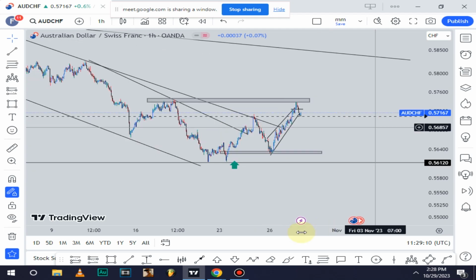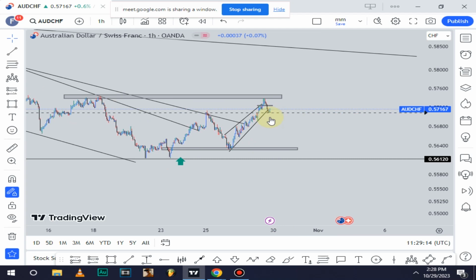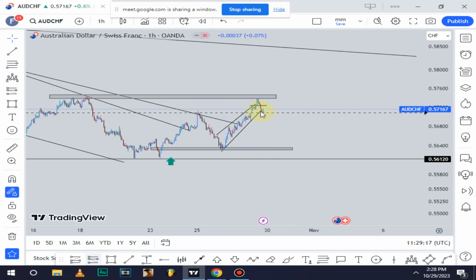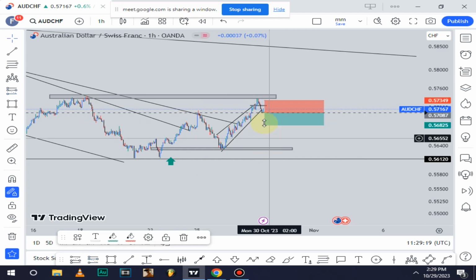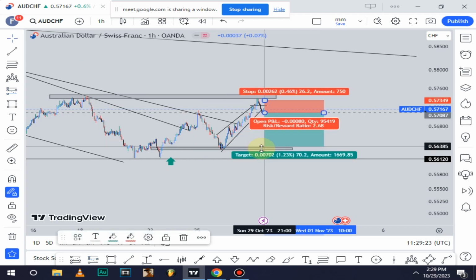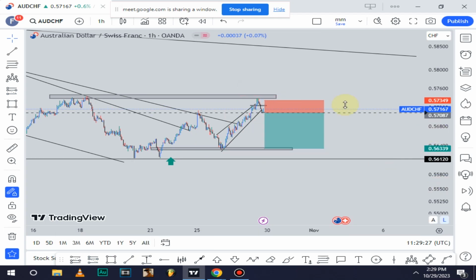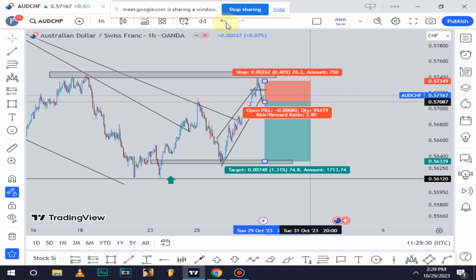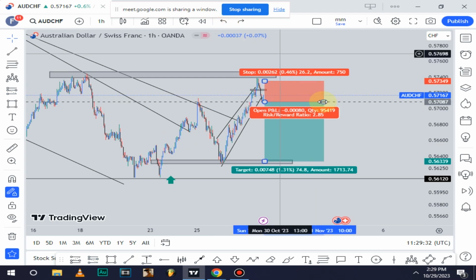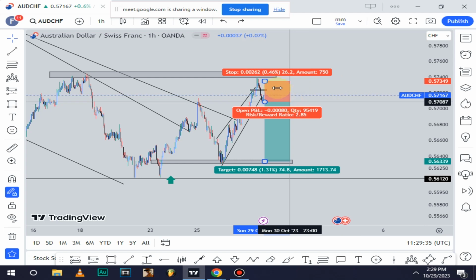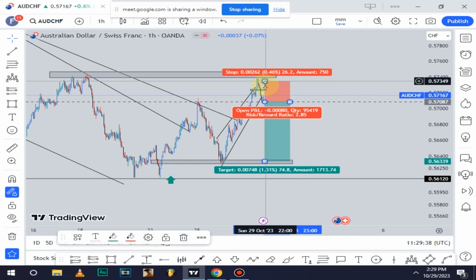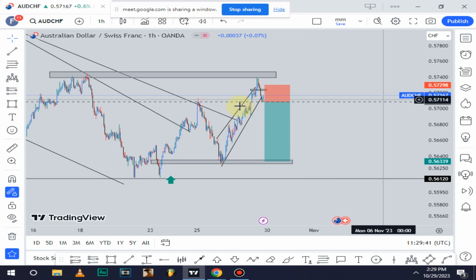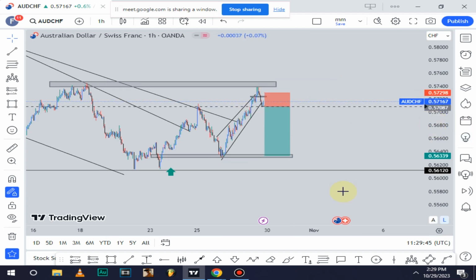So only if the price closes below this support that I just identified, which is the neckline, then that is where we should be going short and only target this 90% zone, which should be around 75 pips. The stop loss should be above that right shoulder, just like that. That is if the market breaks out of this support, that neckline.